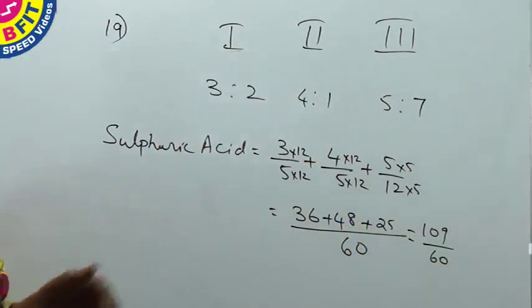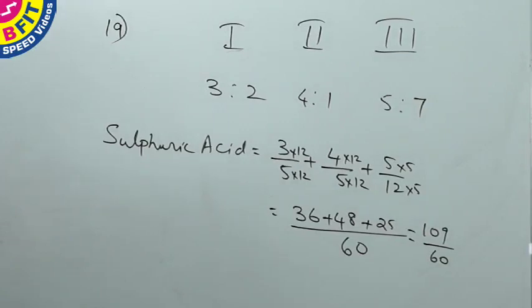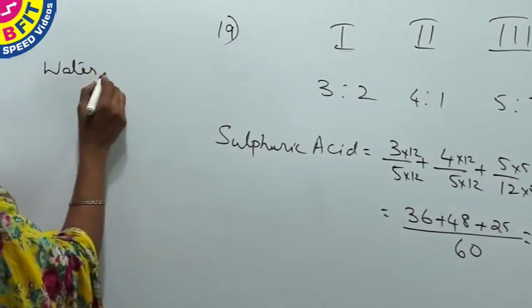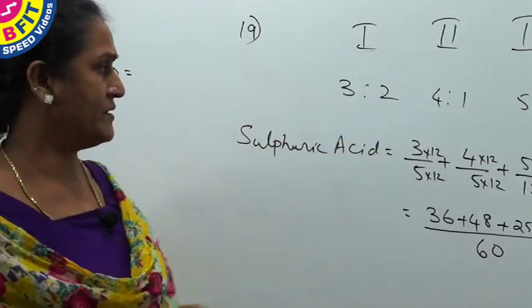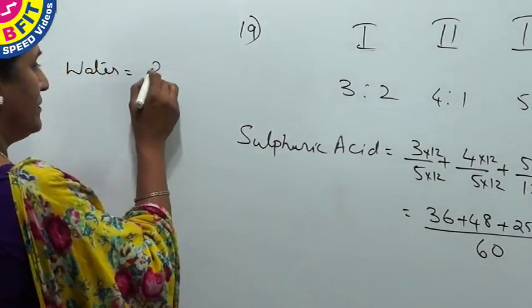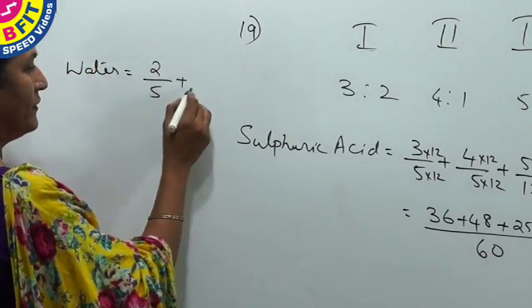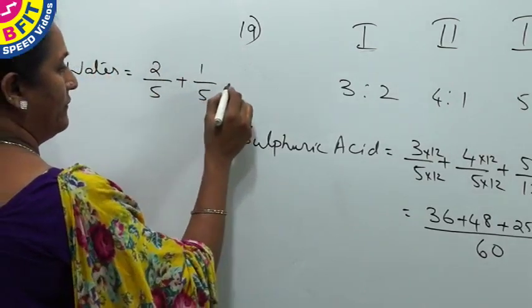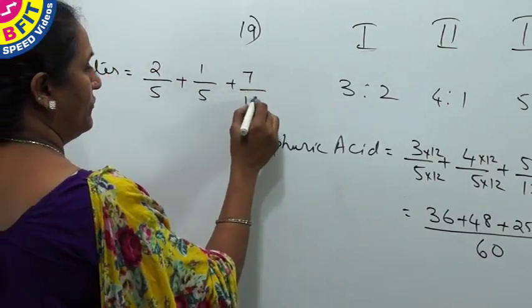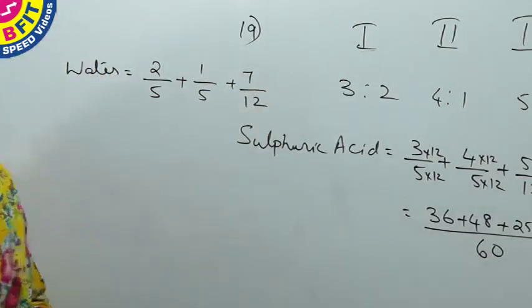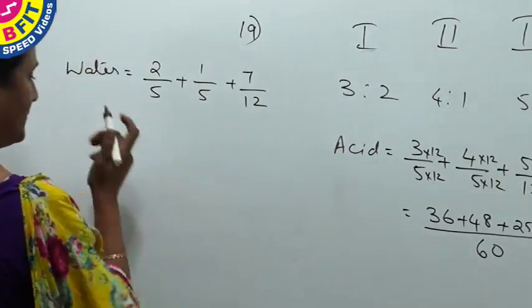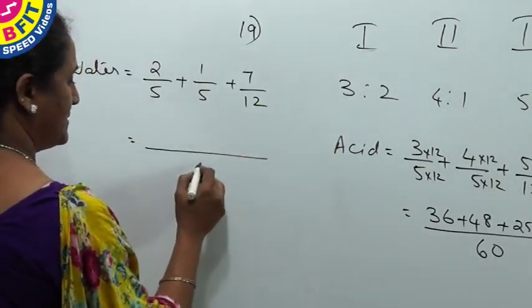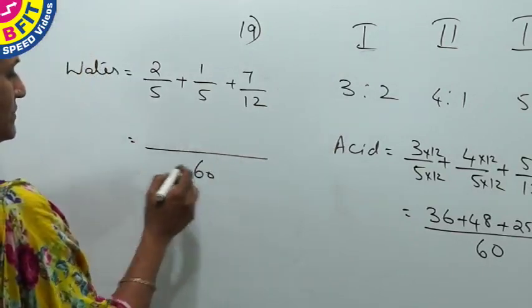The same way adding for water. In this ratio the second part represents water, where it is 2 out of 5 and 1 out of 5 and 7 parts out of 12. So adding these fractions, again taking LCM, which is equal to 60.